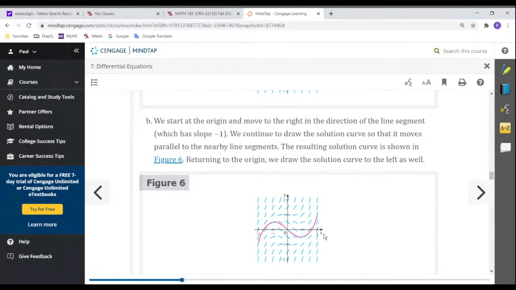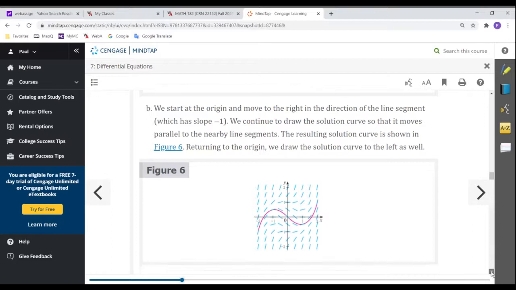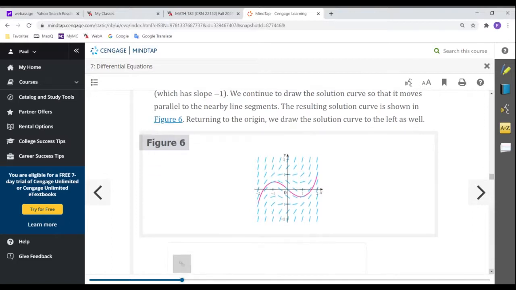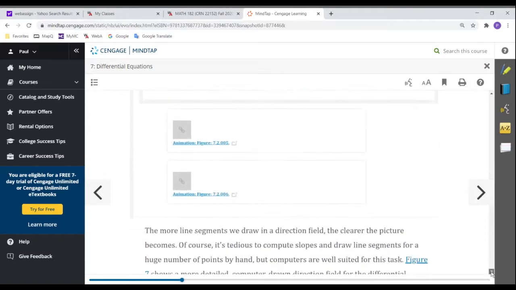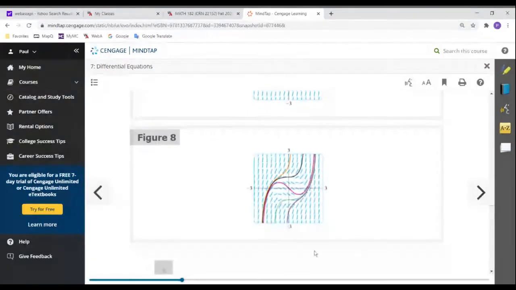So if you wanted the solution that passed through the origin, in figure 6, the solution curve would have to be that pink solution curve. And you can even draw multiple solutions, right?